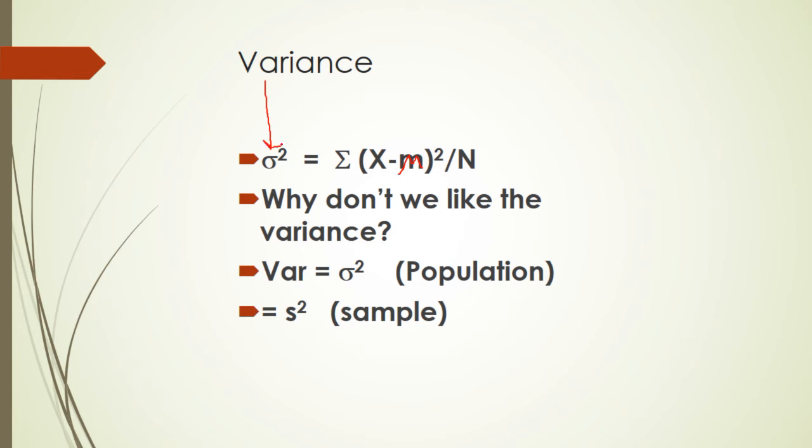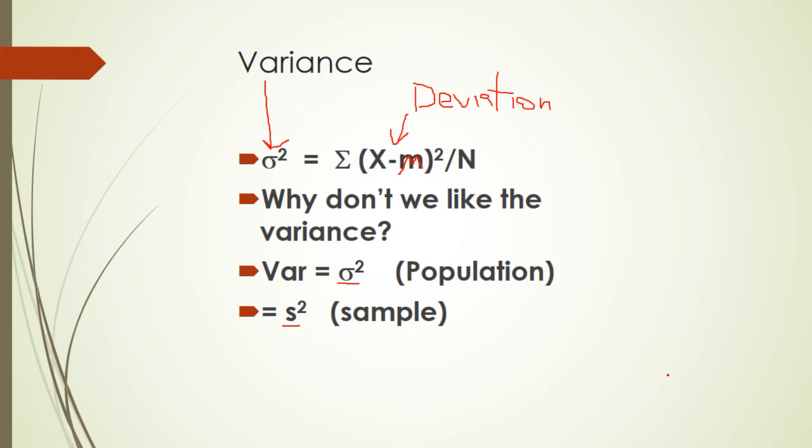The sum of x minus mu, that's a deviation from the mean, right? We squared those deviations, divide by n. Again, we don't like it because that makes us have squared units. The variance is sigma squared if it's the population, and we use s squared if it's a sample.